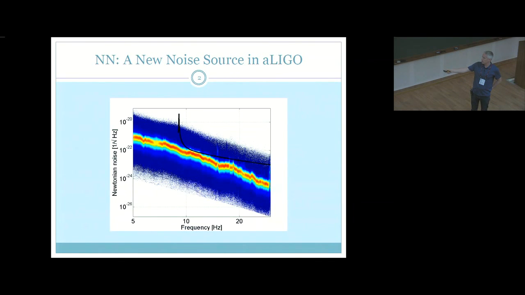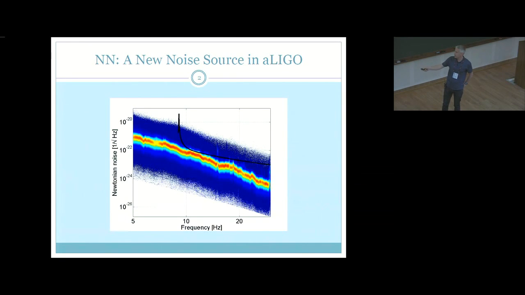What I also want to show is that, in the past, we really didn't have to worry about this. It never showed up. We have never seen Newtonian noise in detectors, and also in O1 we haven't seen Newtonian noise. To get to this sensitivity may still require some time and improvements.